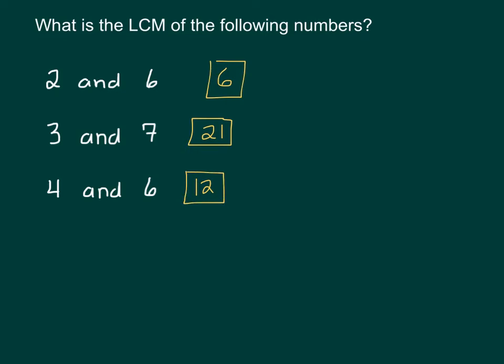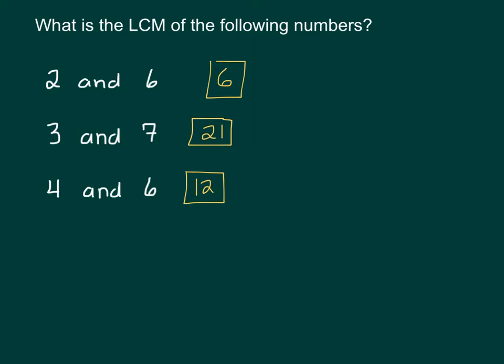I chose these three sets of numbers specifically. The first one is an example where the least common multiple of two numbers is actually just one of the numbers. The second set, the least common multiple is actually just those two numbers multiplied together. And then the third set was specifically designed to follow these ones up.